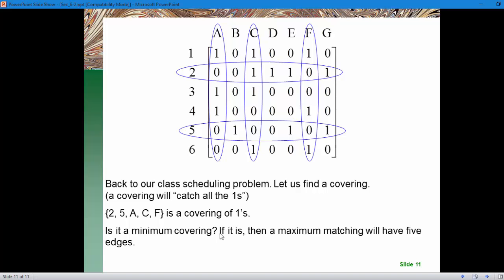Now what does that mean? Well, because this is a bipartite graph, it says that a maximum matching will also have 5 edges. In other words, even though we have six courses and 7 professors, we're only going to be able to find a matching with 5 edges. The matching that has the most edges will be a matching with 5 edges.